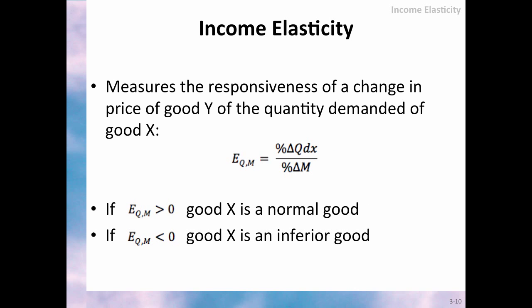Yet another important tool that you need to master is the income elasticity of demand, which measures the responsiveness of the quantity demanded of good X to a change in income. When this elasticity is positive, good X is said to be normal, like most goods and services in the economy. When this elasticity is negative, good X is said to be inferior. Please consult your textbook for a good explanation of this situation.